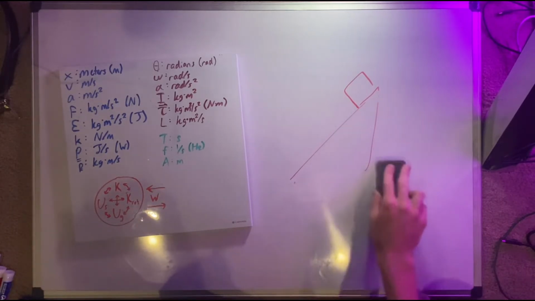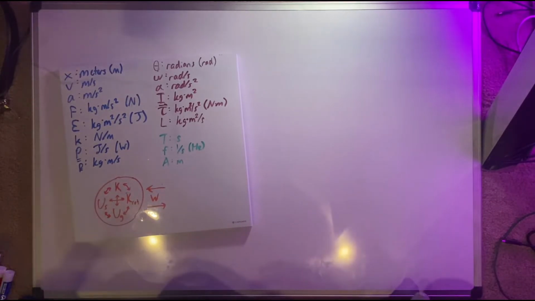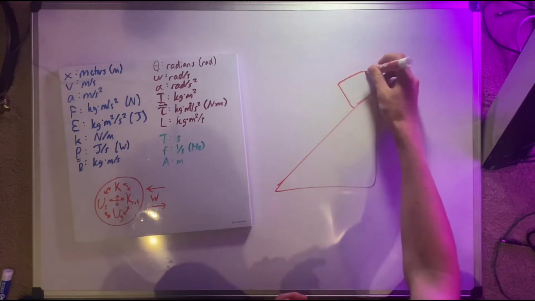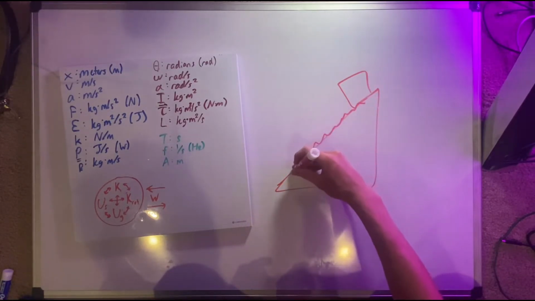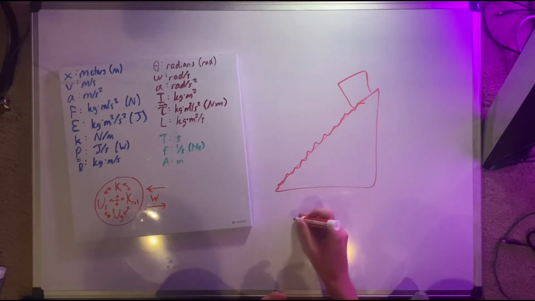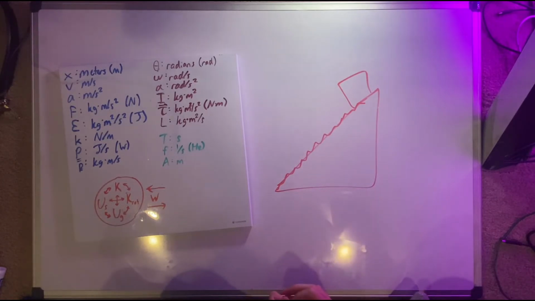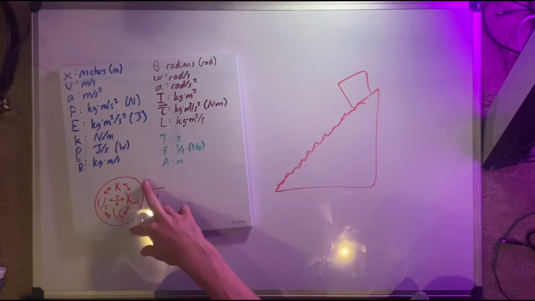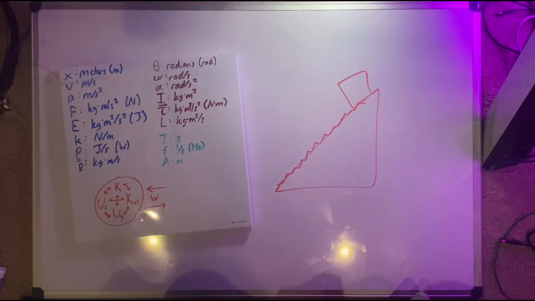So if we then included another thing that said that there was friction in there, let's say there's friction on this rough incline. So if we now have friction on the incline, friction is a form of non-conservative work. The difference between conservative and non-conservative work is conservative work will transfer the energy to one of these other three things.